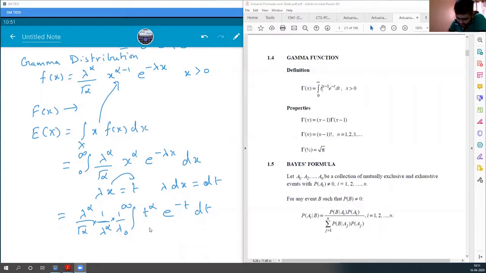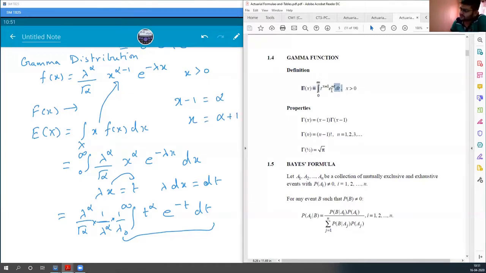Now just look at the integration part. This is very similar to this part. We have here t raised to x minus 1 e raised to minus t dt. Here we have t raised to alpha e raised to minus t dt. So the difference is that our x minus 1 is equal to alpha. So x is equal to alpha plus 1.